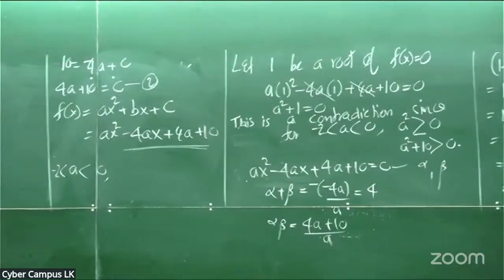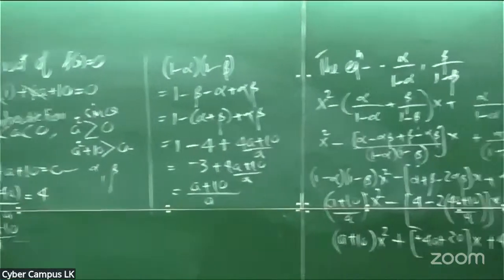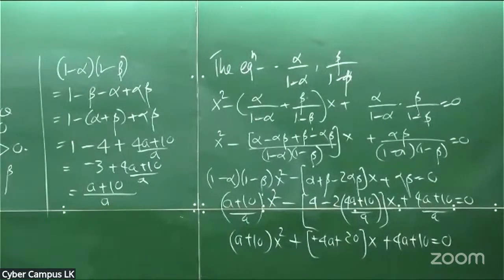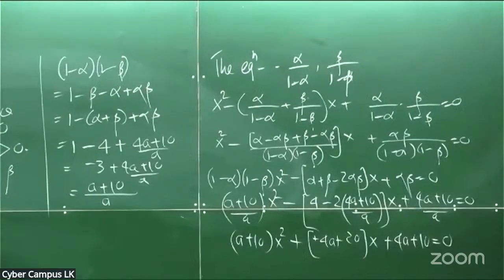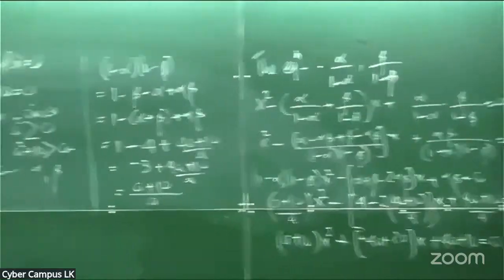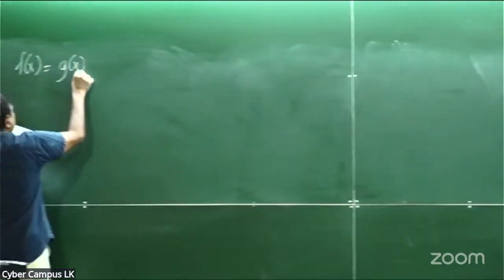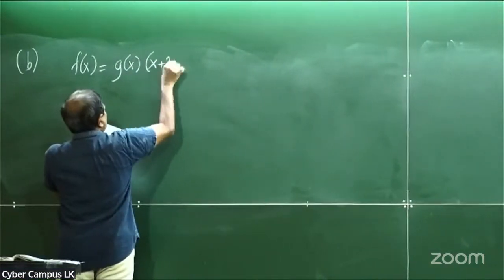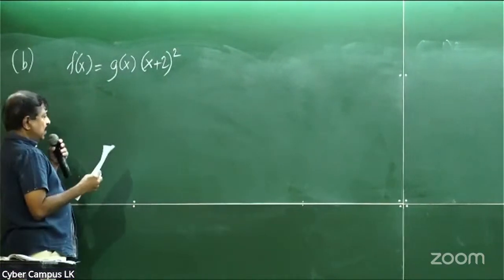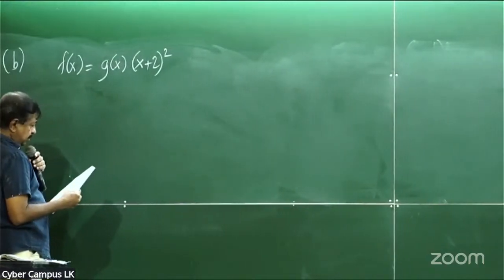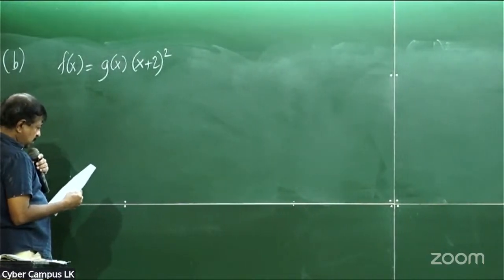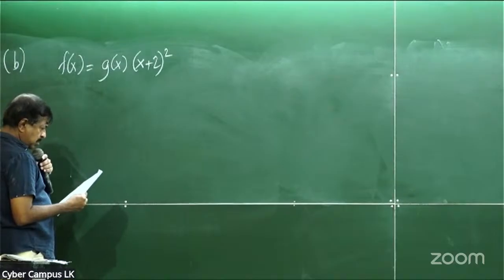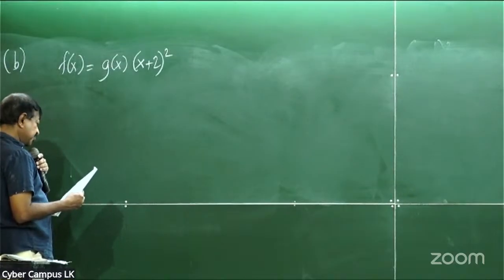Okay, x plus 2 is a twice repetitive factor of fx. So fx should be something like this. X plus 2 squared is there. Here something is missing.